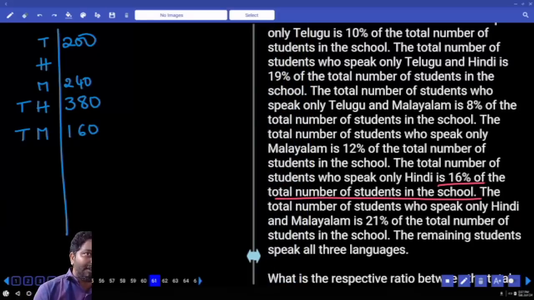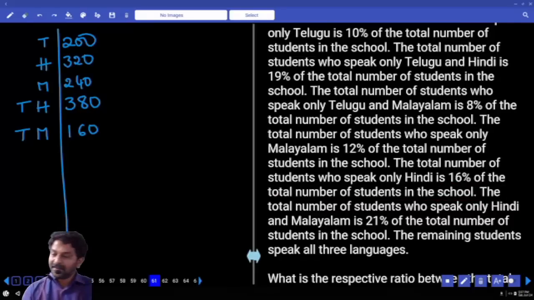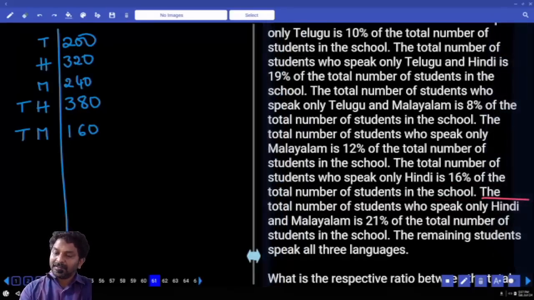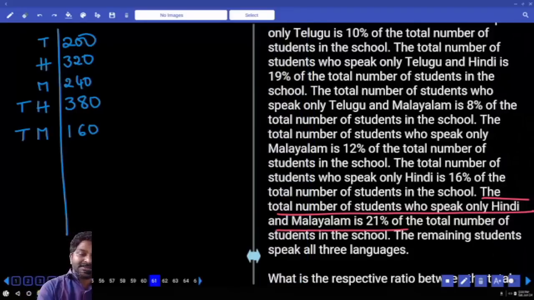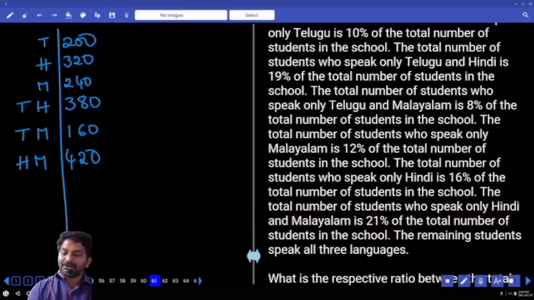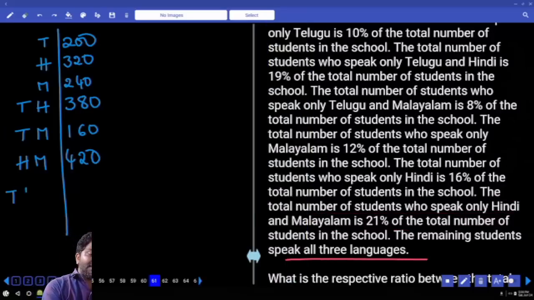So you also need to verify. 16 times 20, 320. Next. The total number of students who speak only Hindi Malayalam, 21%. Hindi Malayalam, 21 times 20, 420. And the remaining students speak all the languages.